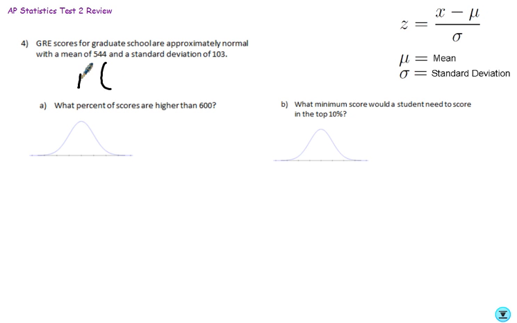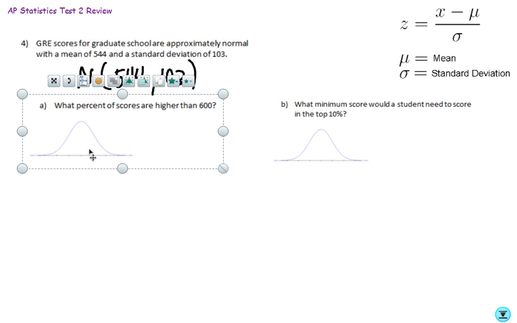So basically test scores. We've got a mean of 544, and a standard deviation of 103. The question is, what percent of scores are higher than 600? Well, let's take our curve here.